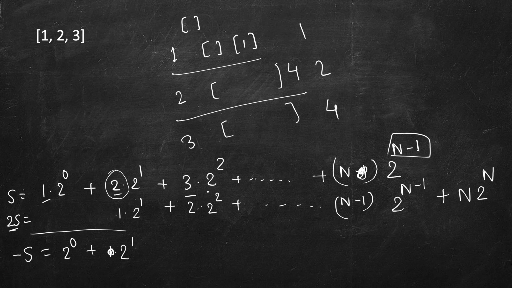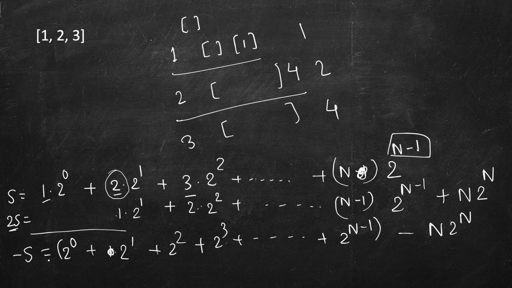Similarly here it will be 1 times 2 raised to the power 2, plus 2 raised to the power 3, and all the way up to 2 raised to the power n minus 1, and this is minus n times 2 raised to the power n. So this is a geometric progression till here. So let's take the opposite sign. So S becomes n times 2 raised to the power n, this term becomes positive, and this becomes negative.